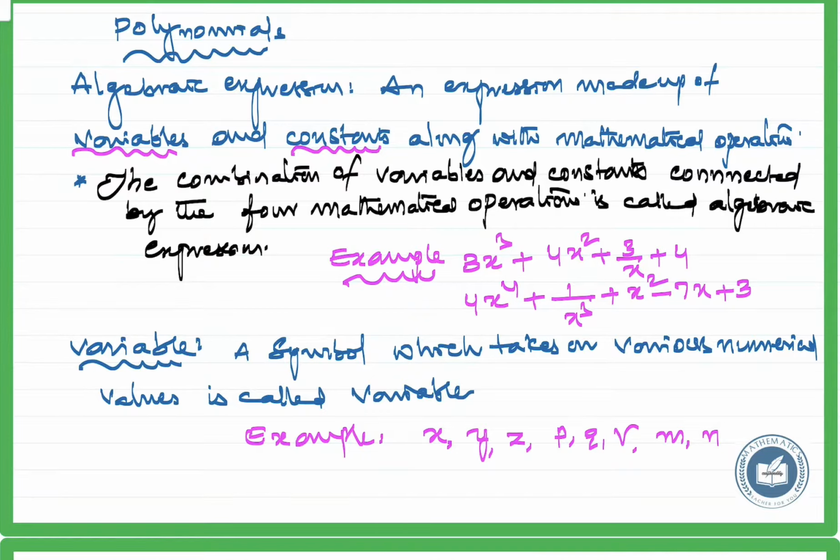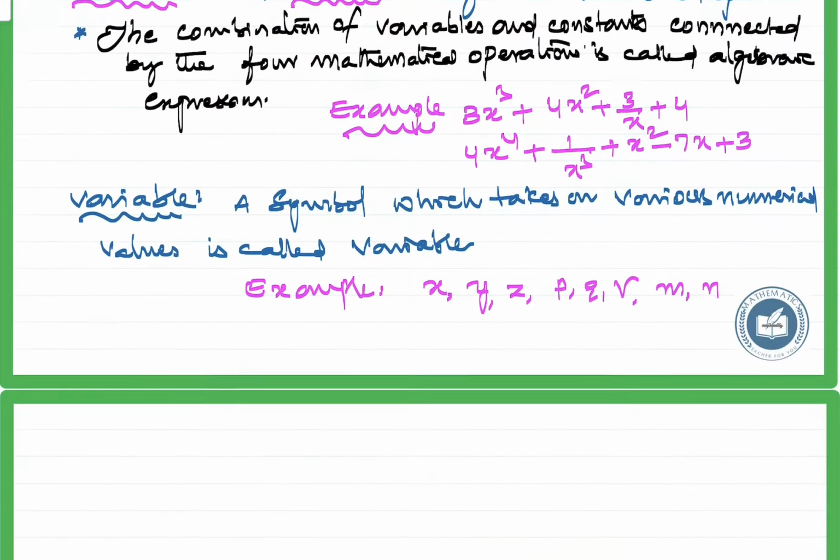But what is a constant actually? A constant is also a symbol having a fixed numerical value. So here we are going to write about the constant.